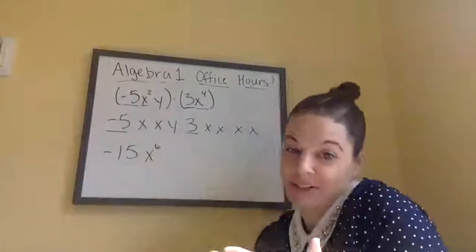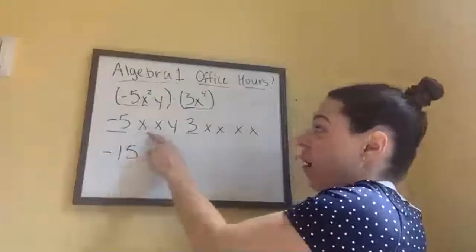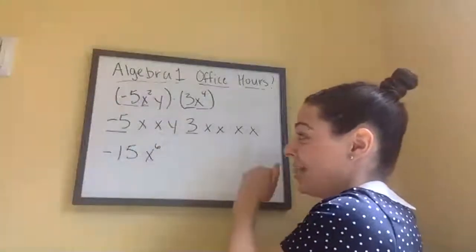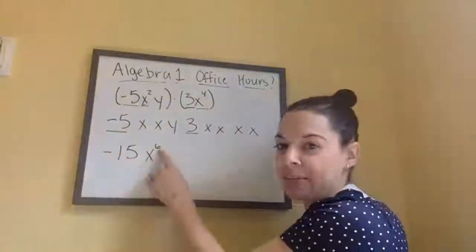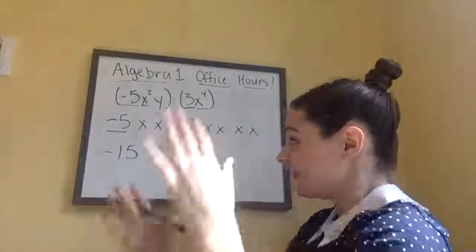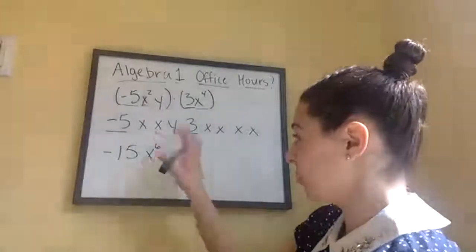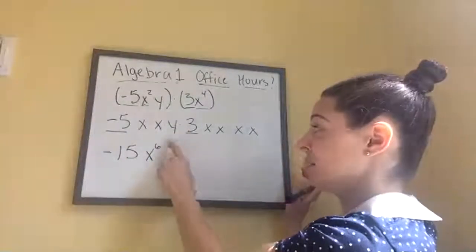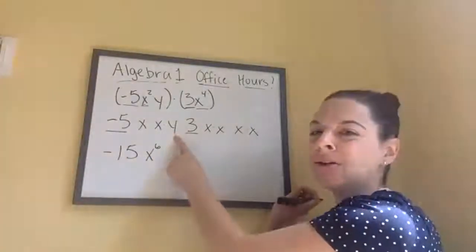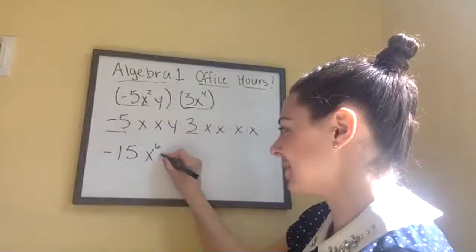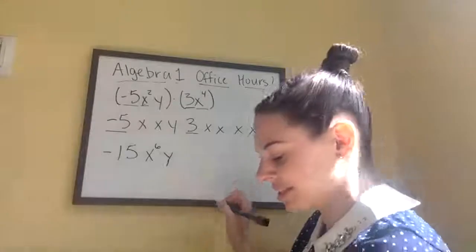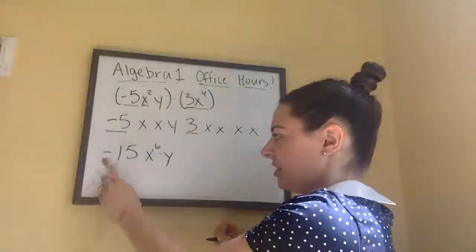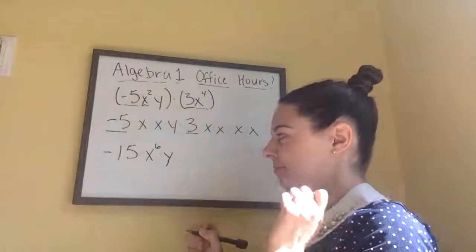That's what exponents do. They represent that whole string of x's being multiplied together by writing just a single x and the number of times it's being multiplied. Finally, I'm going to check what other y's are being multiplied. It looks like there's only one little lonely y, so I'm going to do x to the 6th times y. So my final answer for number 17 is -15x⁶y.